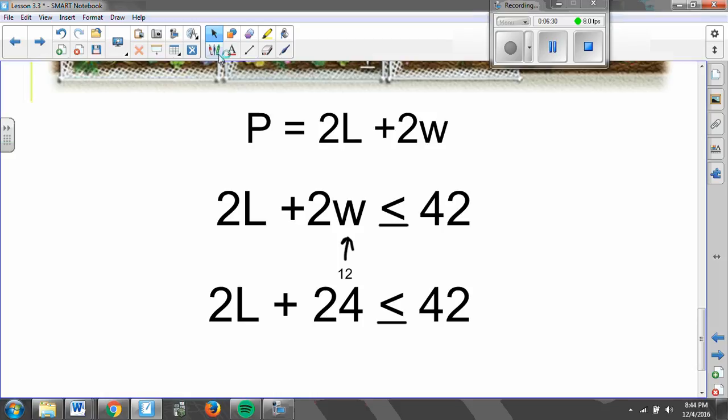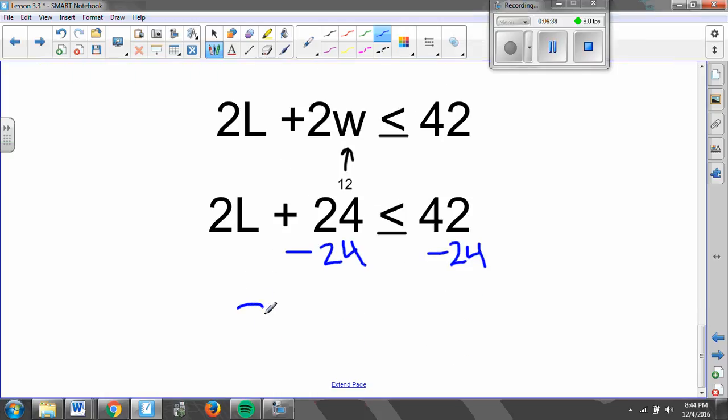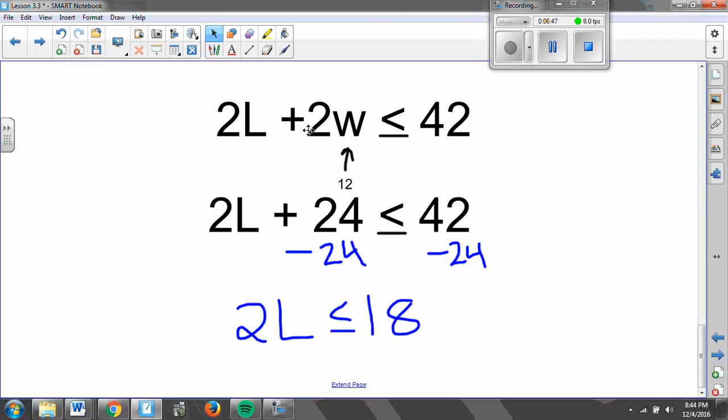First thing I would do is subtract 24 on both sides to get rid of the plus 24. I'd be left with 2L is less than or equal to 18. So the length of my garden must be less than or equal to 9 feet.